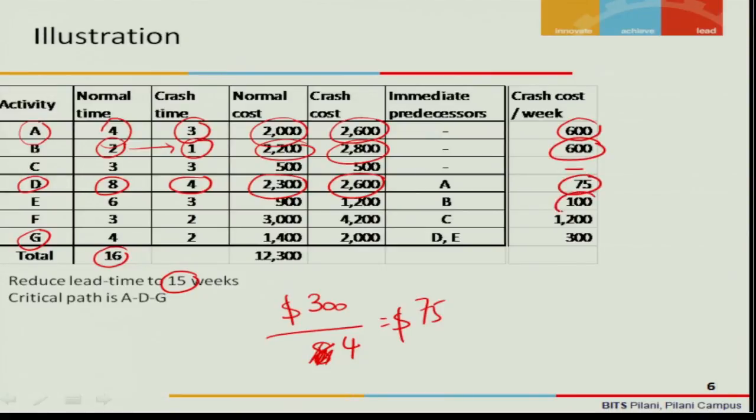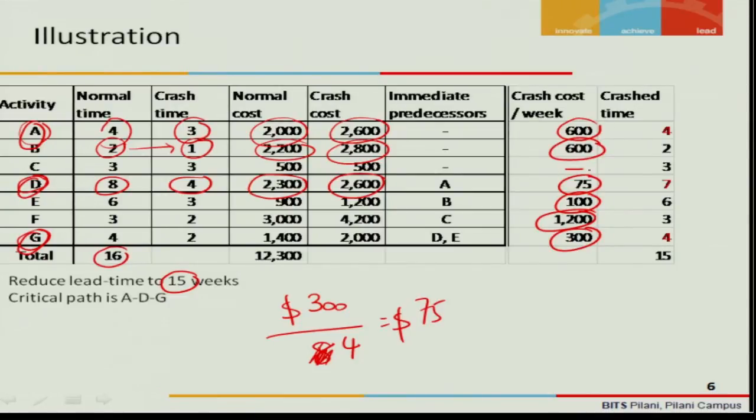The same way we compute the crashing cost for all the activities, and we know that we can crash only activity A, D or G. The other activities need not be crashed because they are not in the critical path. Now we are going to crash. By just looking at it, you will know which is the activity that can be crashed by 1 week with the least cost.